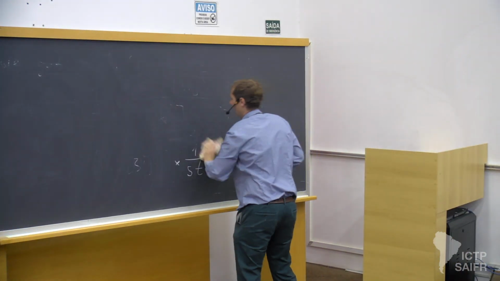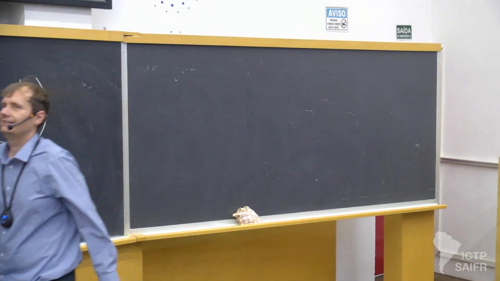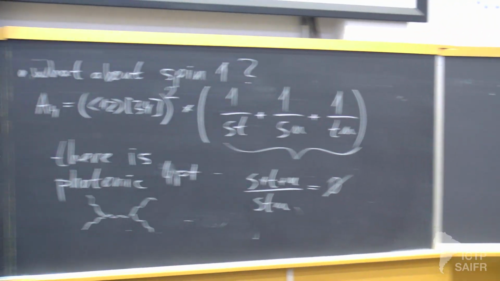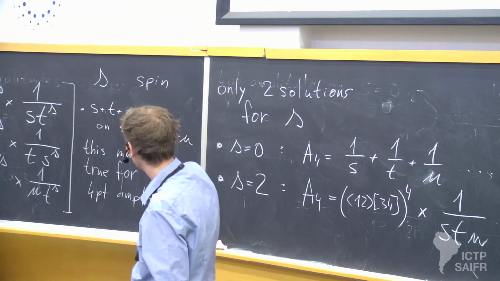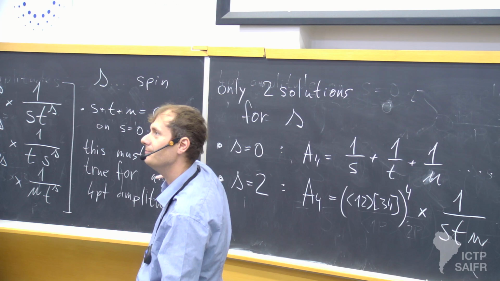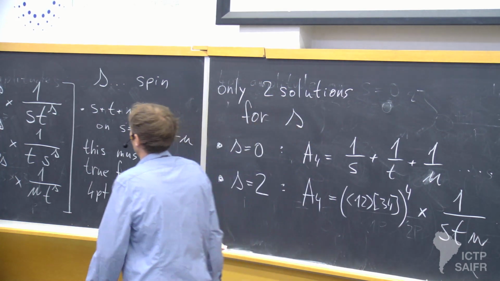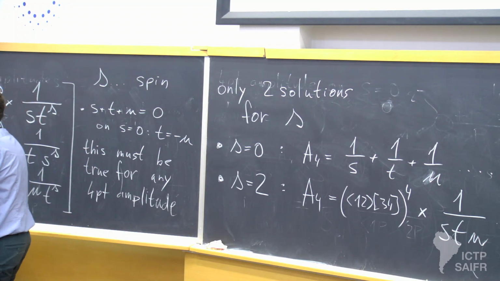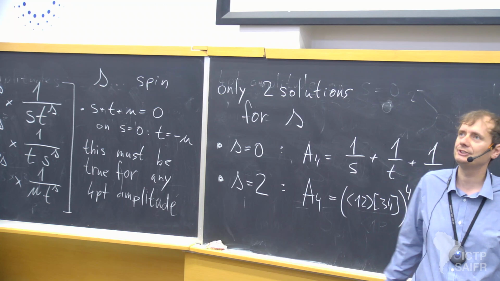One more question. So you said there is no photonic 4-point, but what about gluonic? Exactly. That's a great question. But for gluons, we have to do something a little bit more. For gluons, the factorizations were not exactly what I wrote. There was one piece missing, and there were the structure constants.